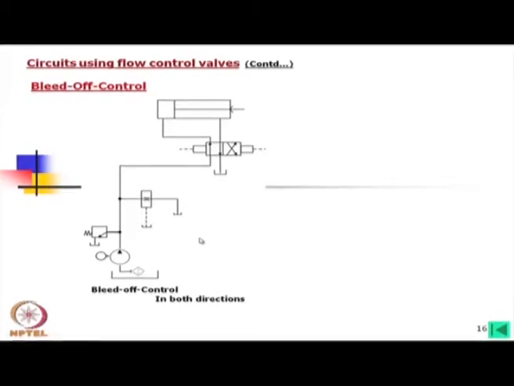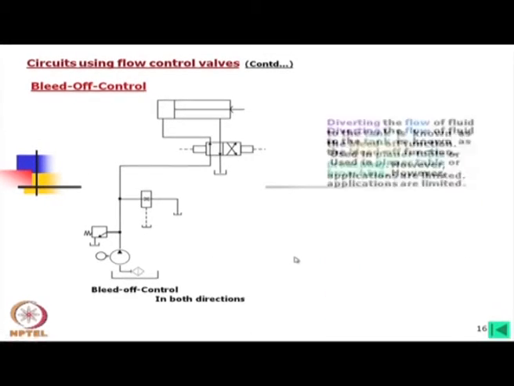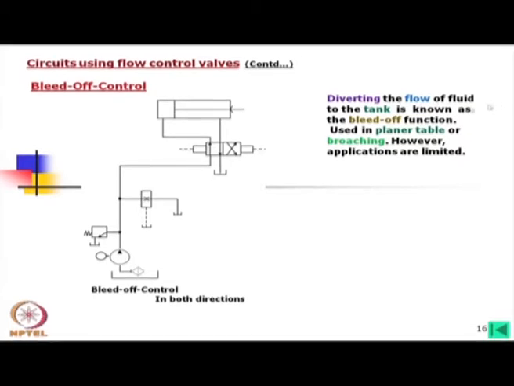What we can do in that, instead of controlling the flow going in, we are controlling the drain flow here. Diverting the flow of fluid to the tank is known as bleed off function, used in planer table or broaching machines.